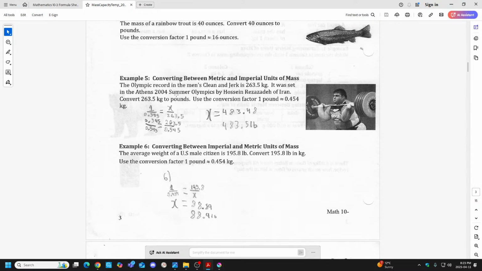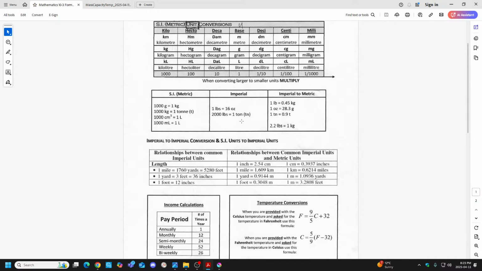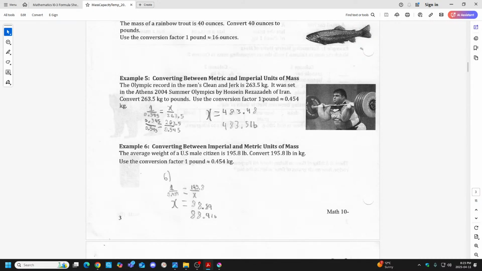So let's do this. The Olympic record in men's clean and jerk is 263.5 kilograms. If we look at our thing here, so kilograms, and what are we working with? Pounds and kilograms. The answer is actually right here.